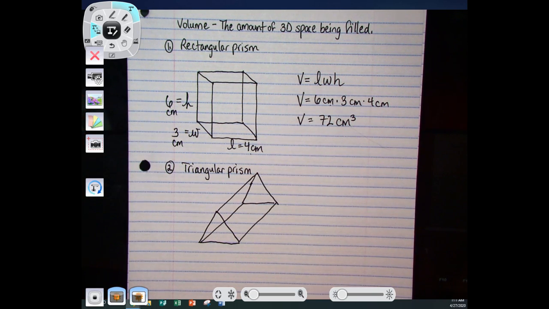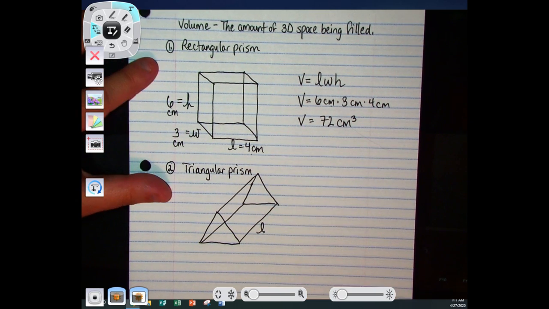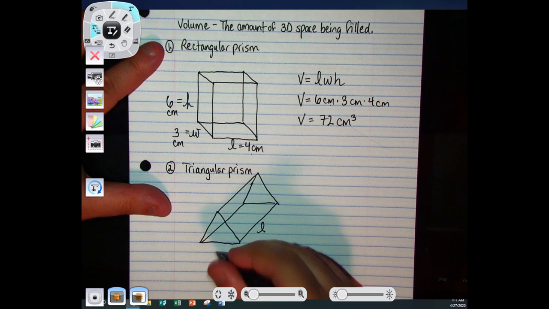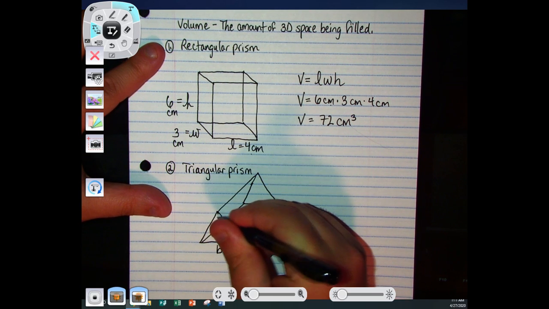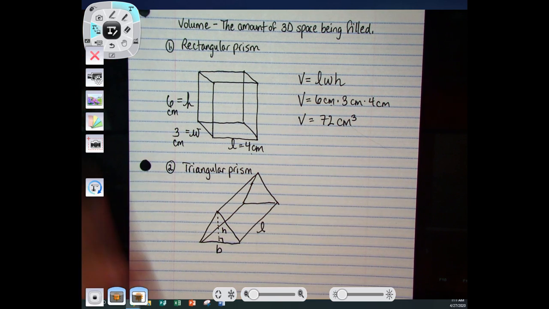So it would look something like this. So in a triangular prism, again, you're looking for 3 dimensions. You're looking for the length of the prism, the base of the triangle, and then the height of the triangle.